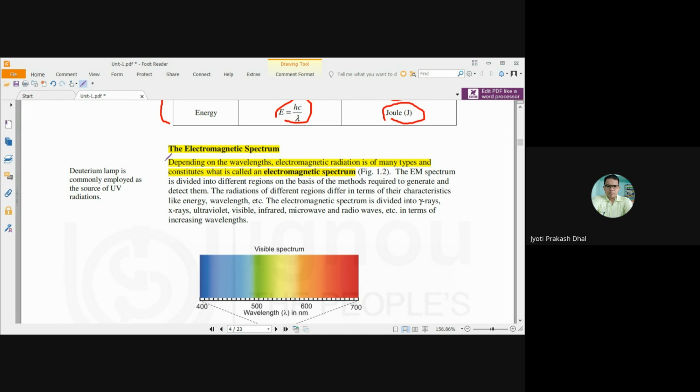Because different types of electromagnetic radiations exist, if we arrange them according to increasing or decreasing order of their wavelength or frequency, that is called the electromagnetic spectrum.